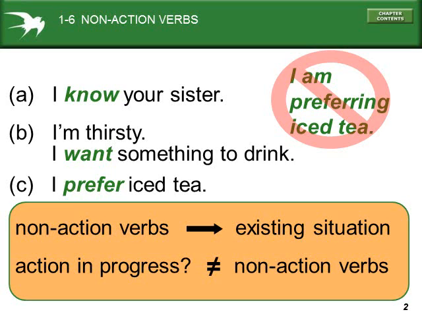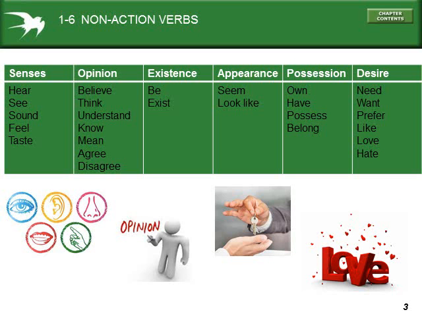Now think about saying, I am knowing your sister. Can you say that in your language? If you can, you may be making mistakes when you're writing English. I remember that a couple of the languages that we talked about, there wasn't any difference between the progressive and the simple present tense. So it's not as much of an issue, but something to think about.